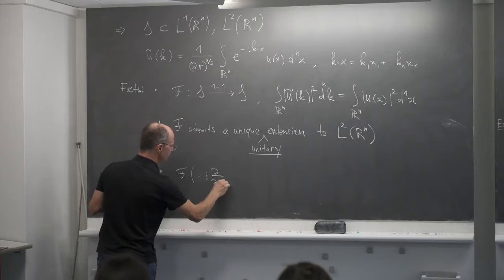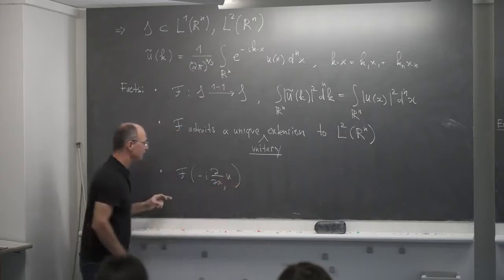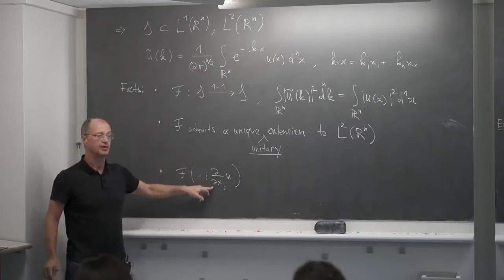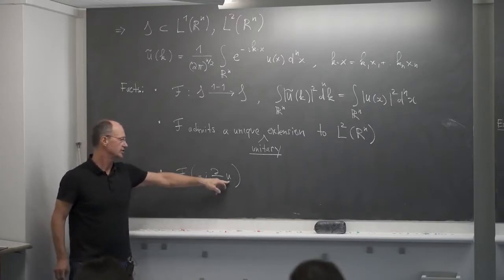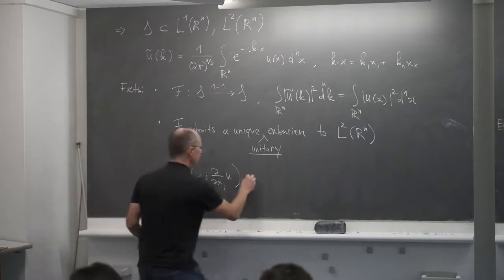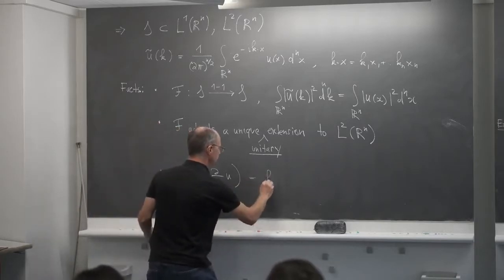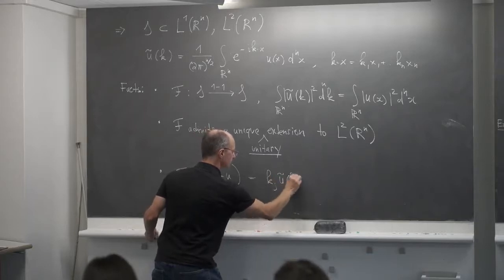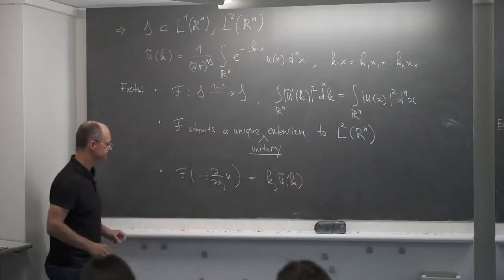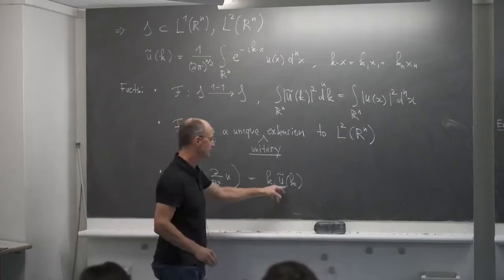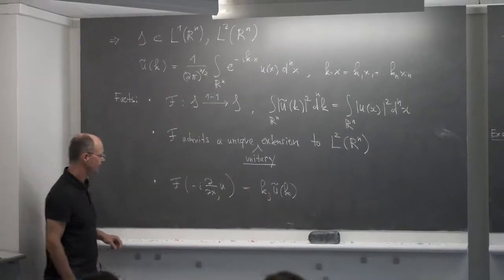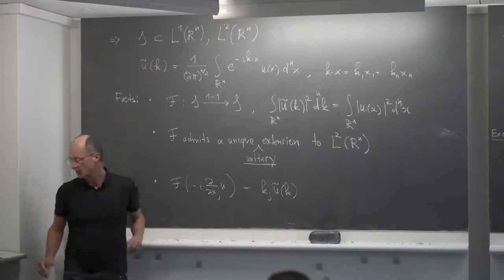If you apply the standard operator of the type minus i, the partial derivative in xj, to u, then the result will be a multiplication by kj of the Fourier transform.